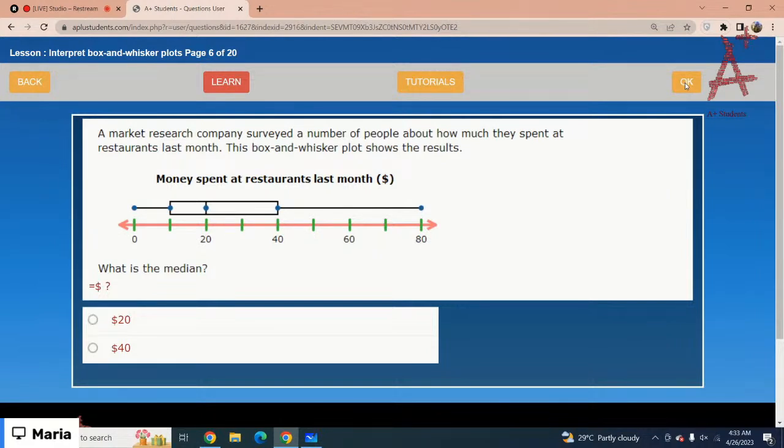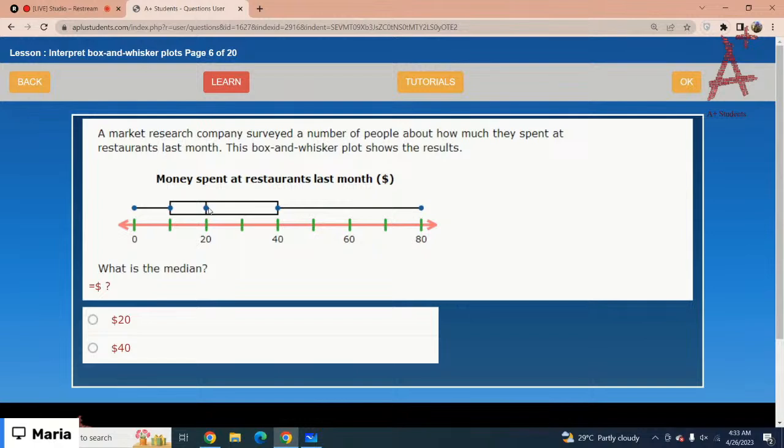A market research company surveyed a number of people about how much they spent at restaurants last month. The box and whisker plot shows the result. What is the median? Which is the correct option, 20 or 40? The point in between the box is the median.